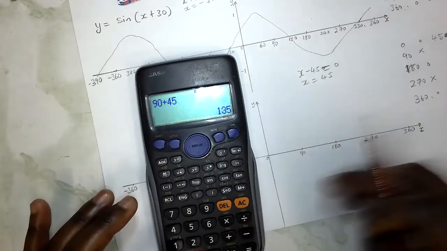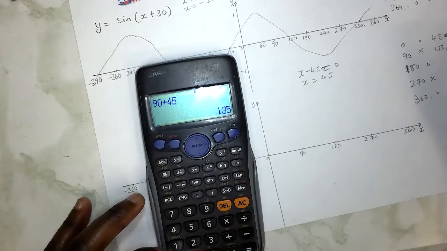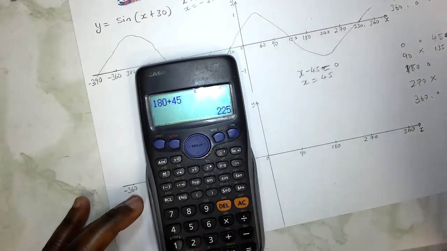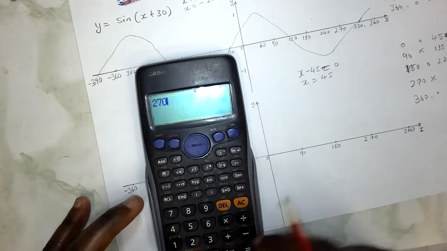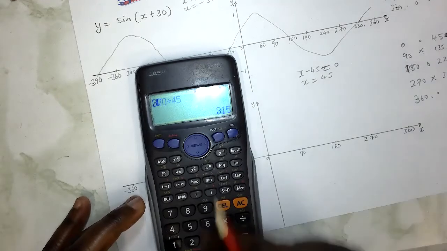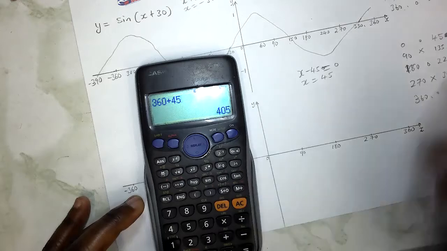What do we get? 135. 180 plus 45, we get 225. Then 270 plus 45, we get 315. Then 360 plus 45, we get 405.